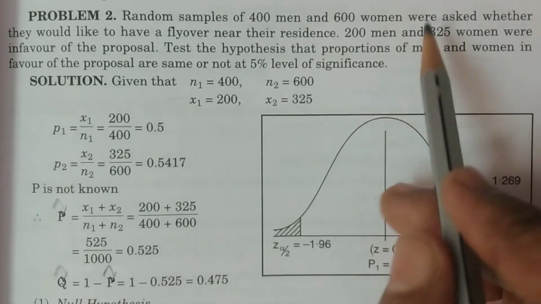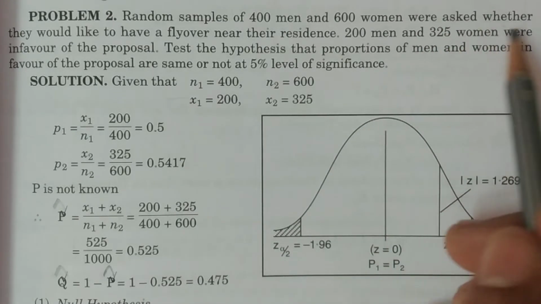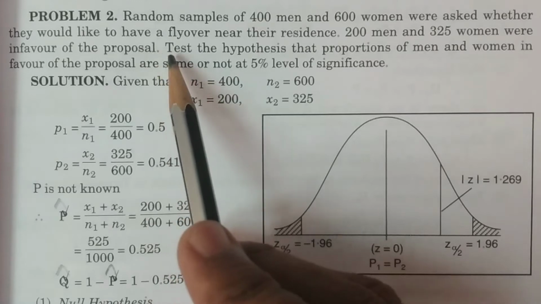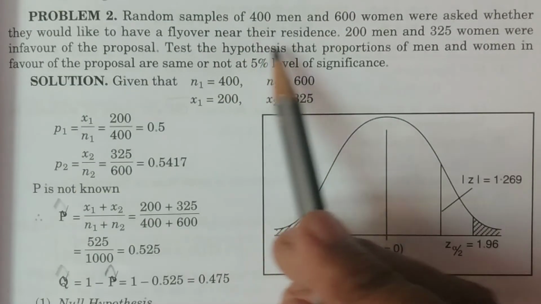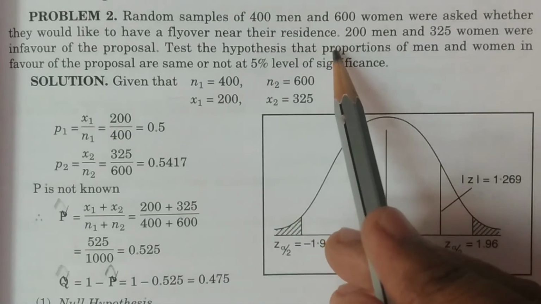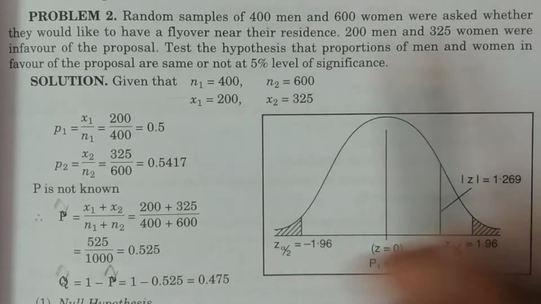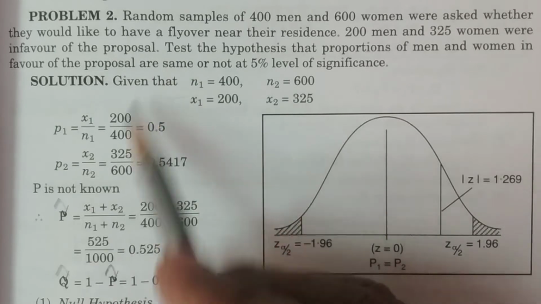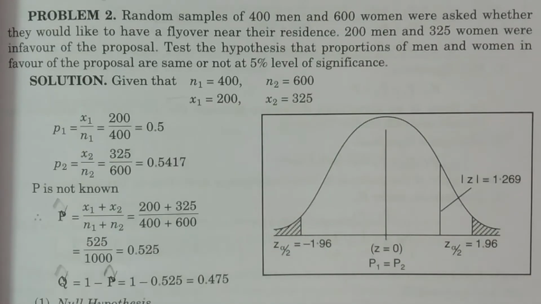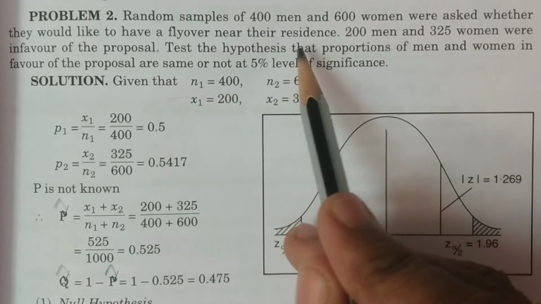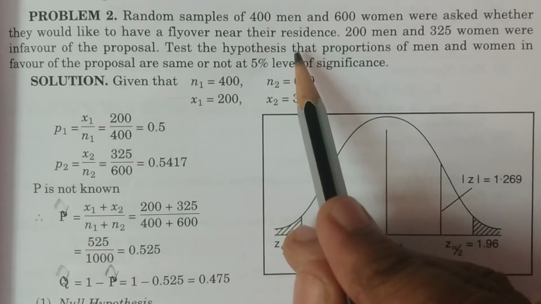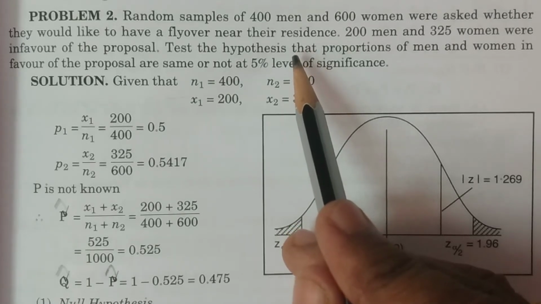And then they were asked whether they would like to have a flyover near their residence. And 200 men and 325 women were in favor of the proposal. That is, the proportion of persons who want a flyover near their residence. So it is a test for proportions.